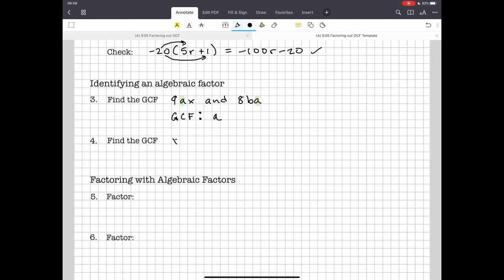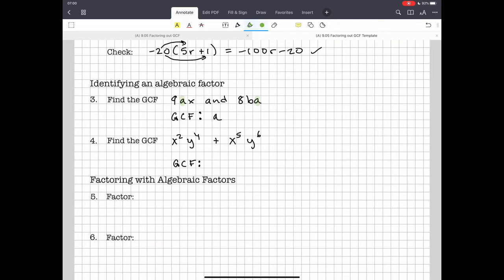Let's look at another one: x squared y to the 4th plus x to the 5th y to the 6th. We want the GCF of this one. So we're just looking for the greatest common factor. We're not trying to undo distributive property or anything, just what is the greatest common factor?